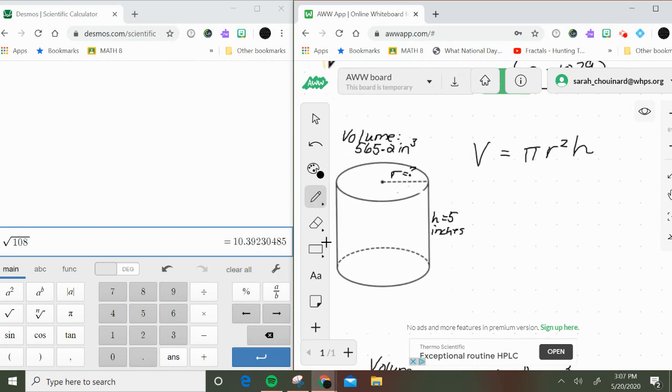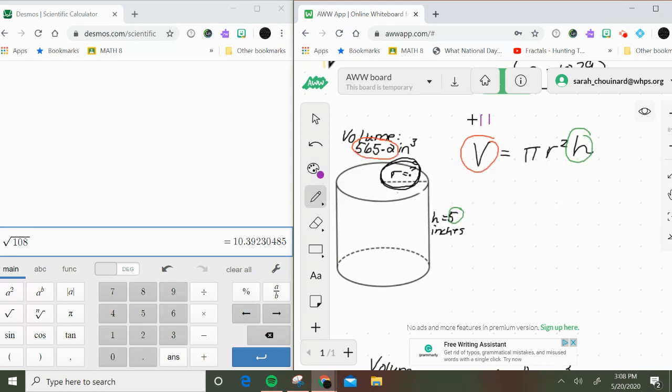All right, so in this next problem, we are given a cylinder and we're asked to find the radius. The radius is what we don't know. We do know that the volume is 565.2, so that's going to get plugged in for V. We know that the height of the cylinder is 5, and as we did earlier in the year, for pi, we're going to use 3.14.